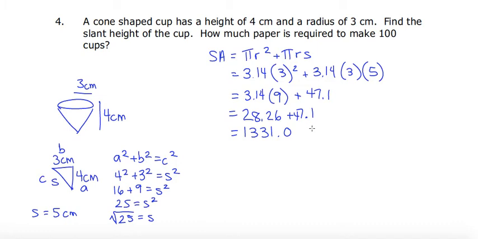1,331.0. If I round this to 1 decimal place, it's just 0.0, and then my units are centimeters squared. So this is how much surface area or how much paper is required to make 1 cup. So in order to find out how much is required to make 100 cups, I want to take the value of my surface area for 1, and I'm going to times it by 100.